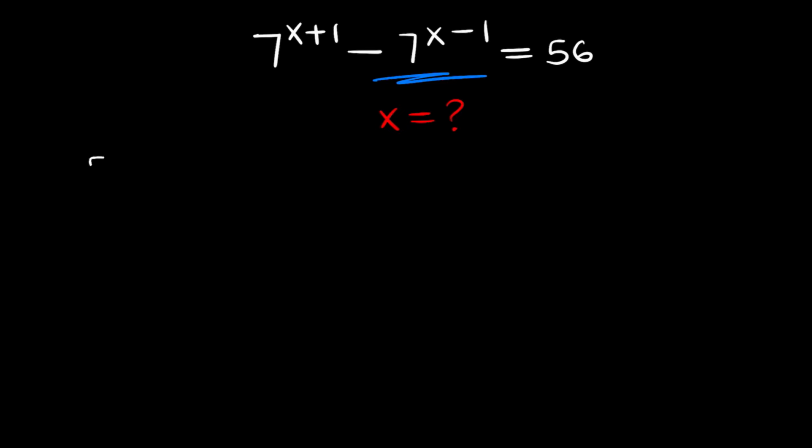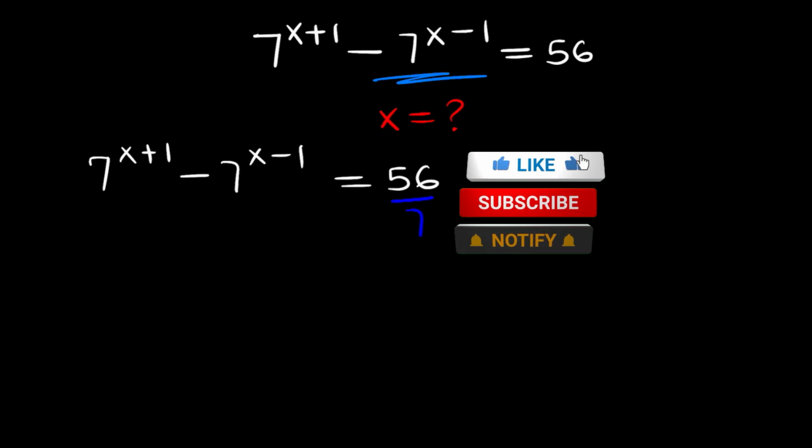To solve for x in this problem, I will rewrite the problem: 7 raised to power x plus 1 minus 7 raised to power x minus 1 is equal to 56. If you look at the right hand side, you see that 56 is also divisible by 7.